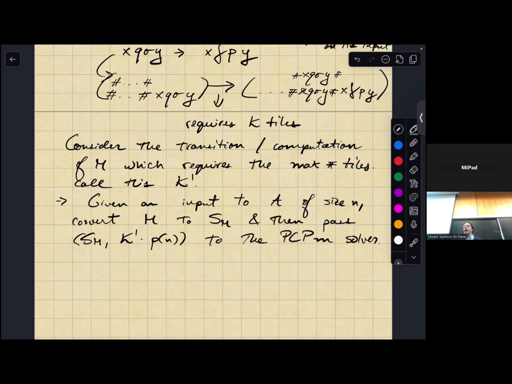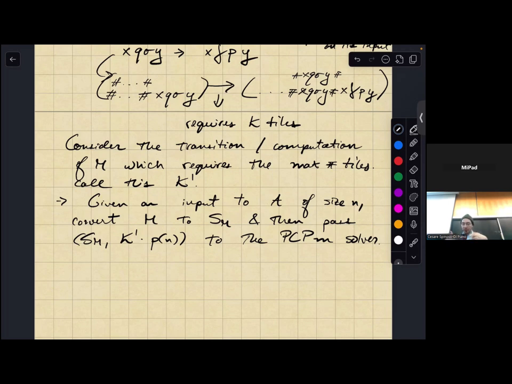The solver, I'm simplifying a little bit, can use at most K prime times P(n) steps, K prime times P(n) tiles. So then it has enough total number of tiles to simulate the computation of M on W.